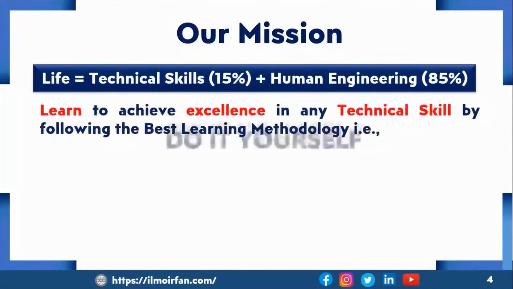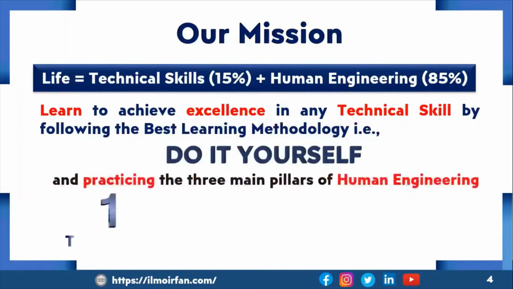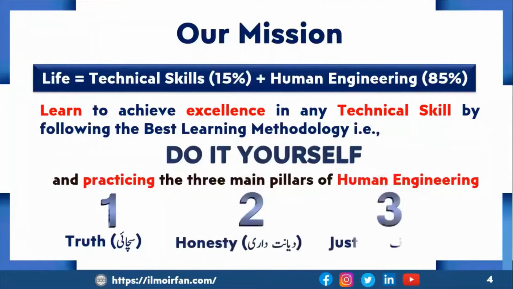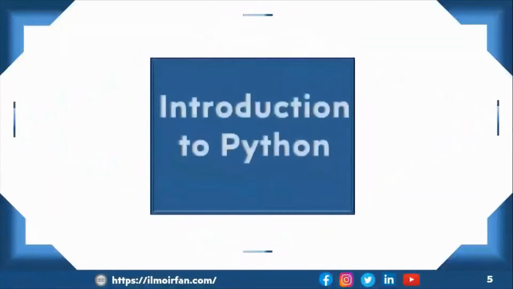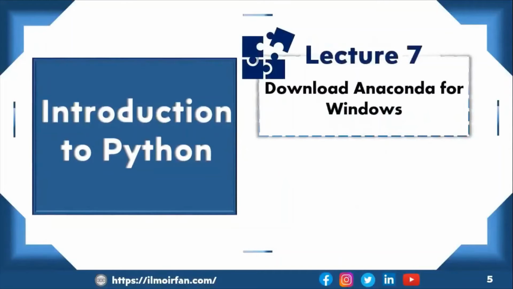Therefore, at Irfan Institute, our aim is to achieve excellence in any technical skill by following the best learning methodology, that is, do it yourself, and practicing the three main pillars of human engineering, that are truth, honesty, and justice. To achieve excellence in both technical skills and human engineering, Irfan offers a course, Introduction to Python.